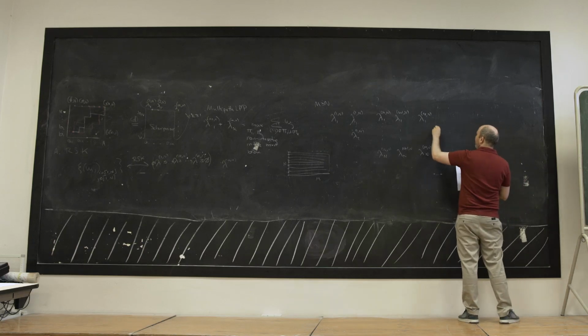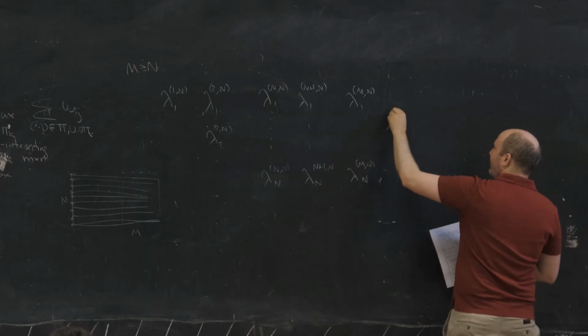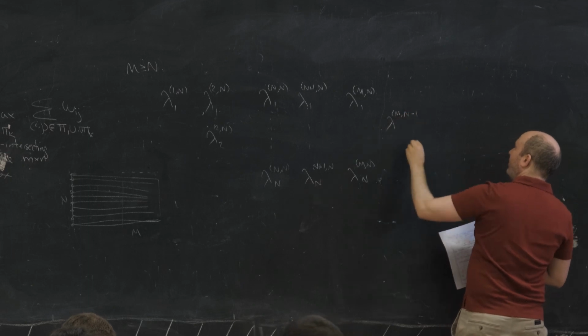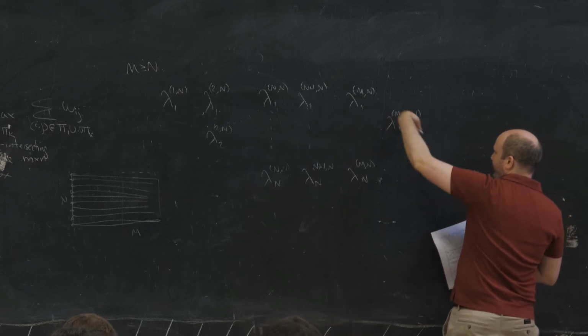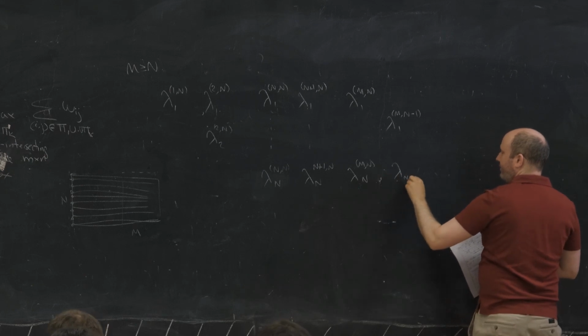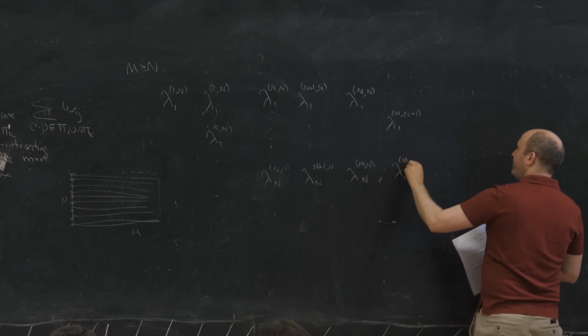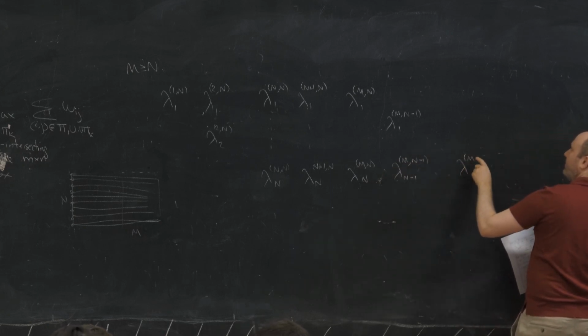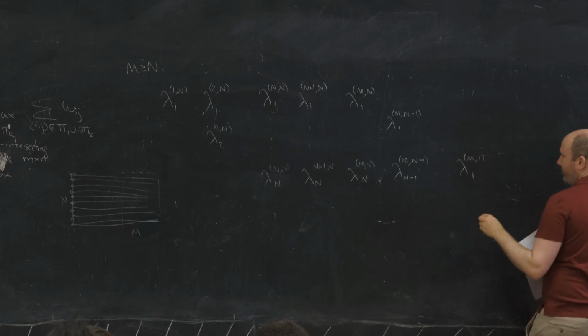When I decrease my vertical coordinate to n minus 1, I'll shift the vector down, and keep the n minus 1 here, and then all the way down to lambda m1, which can have at most one part.